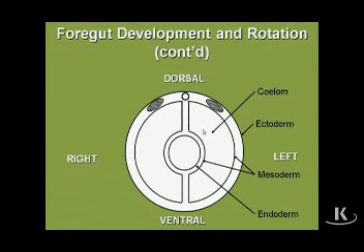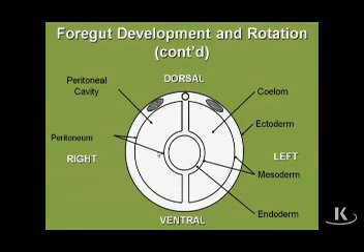So for the most part, even when we're looking at the embryo, we'll try to use the adult nomenclature to avoid confusion. So instead of calling this the coelom, we'll call it the peritoneal cavity, which is, of course, what this becomes. And therefore, the two layers of mesoderm we will call the two layers of peritoneum.